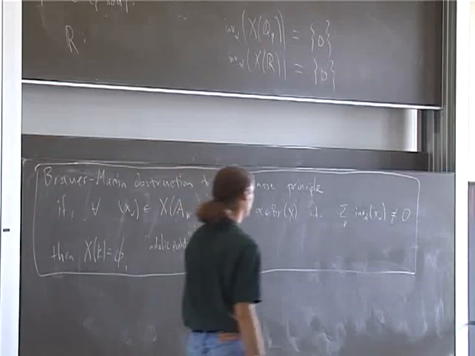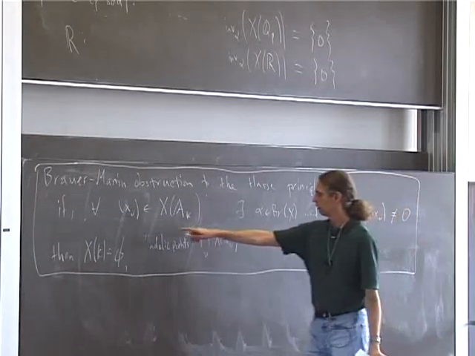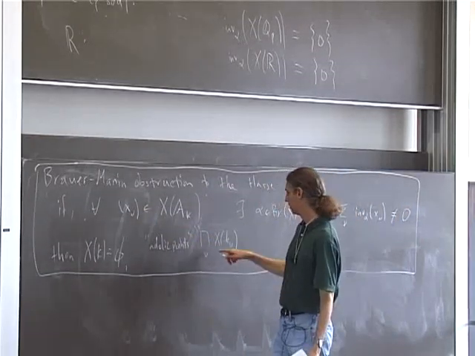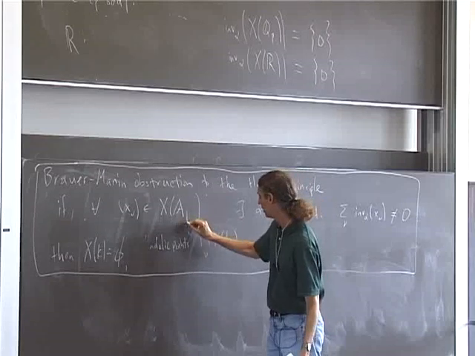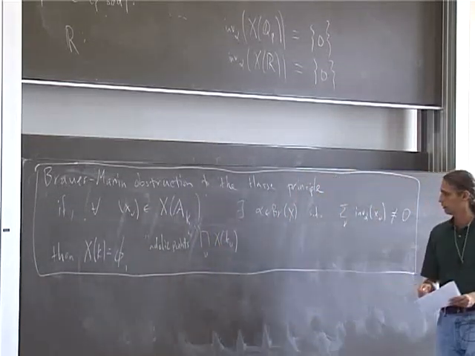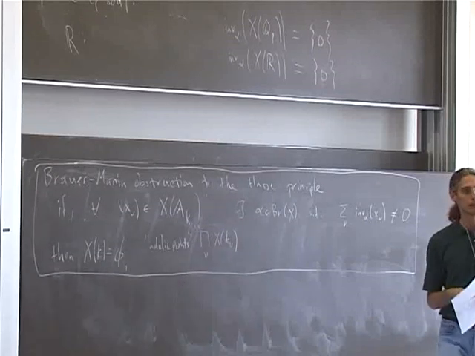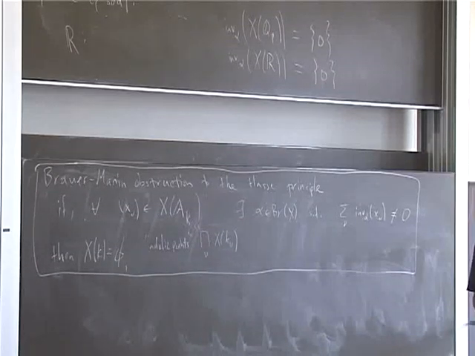Oh, no, alpha's in the Brauer group again. Okay, so where? Here? That's a nu. No, oh, that's a k. Well, at least one.